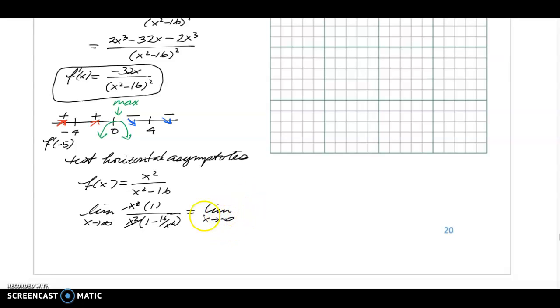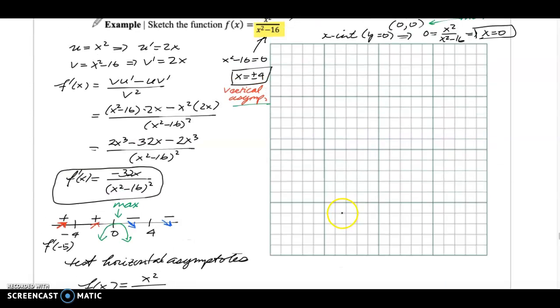You can actually go positive or negative infinity with this one, because it still will work, and you can test that. Just go in and test it and see what happens. If I take the limit, this is going to be 1 over 1 minus 0, which is just 1. Ha! My horizontal asymptote is 1, right?